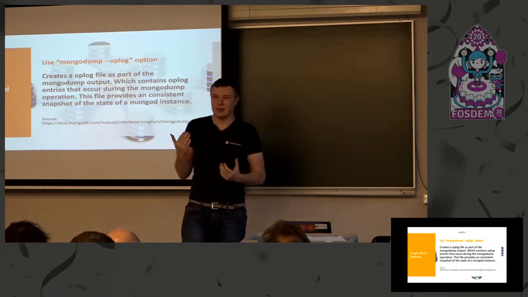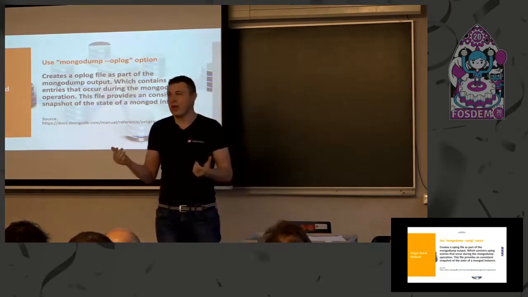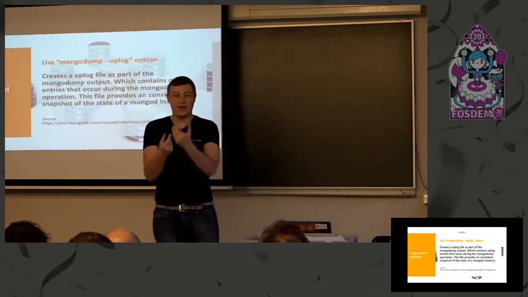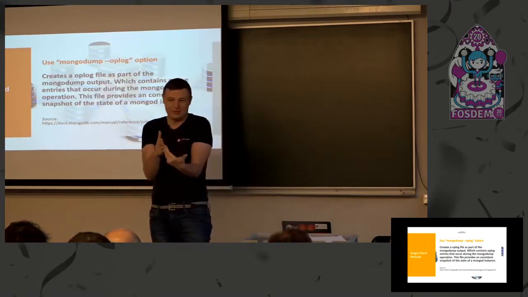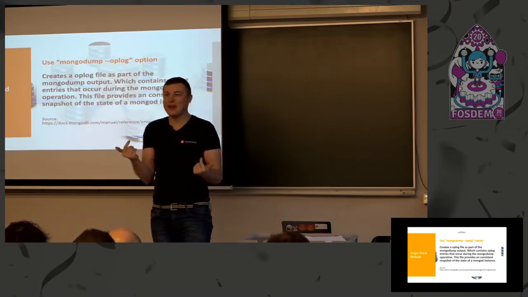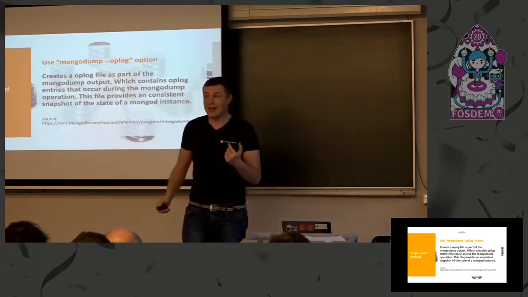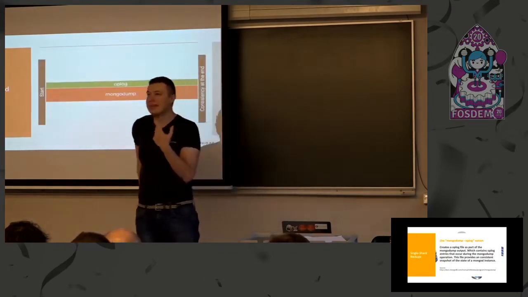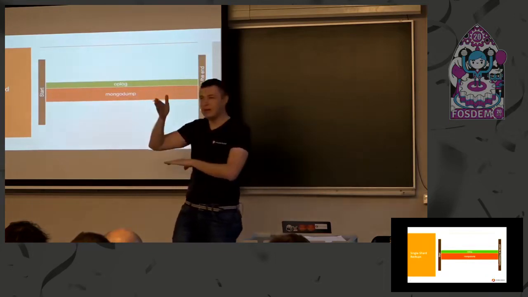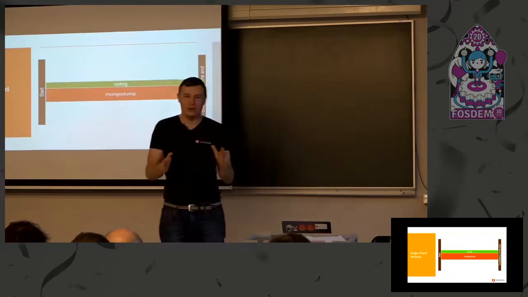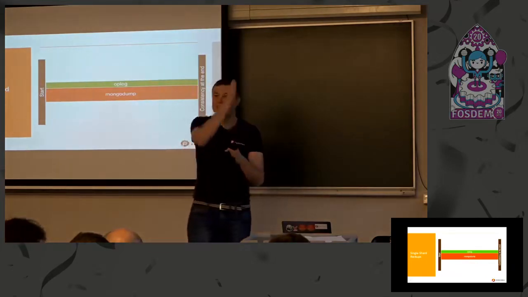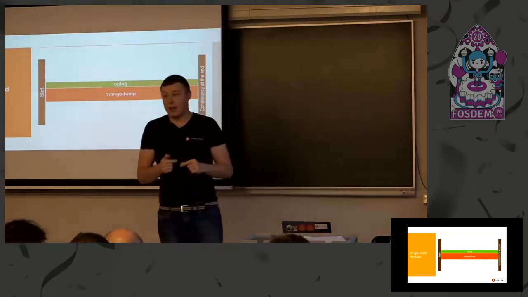During restore, the Mongo restore tool restores the backup, and after that replays those operations to your database. And you have consistency, but consistency at the end of the backup, not like in other databases where you have consistency at the beginning of the backup.